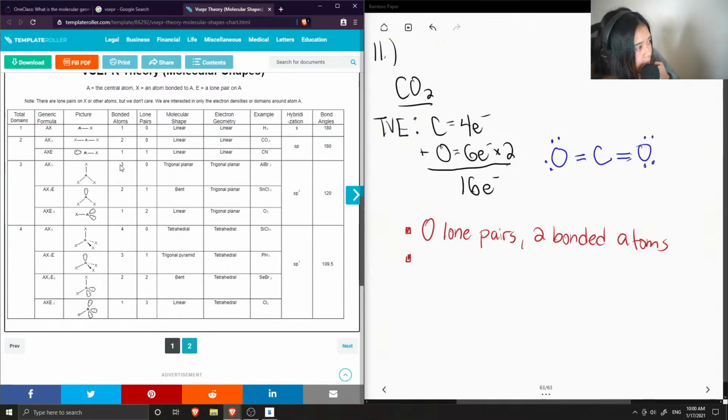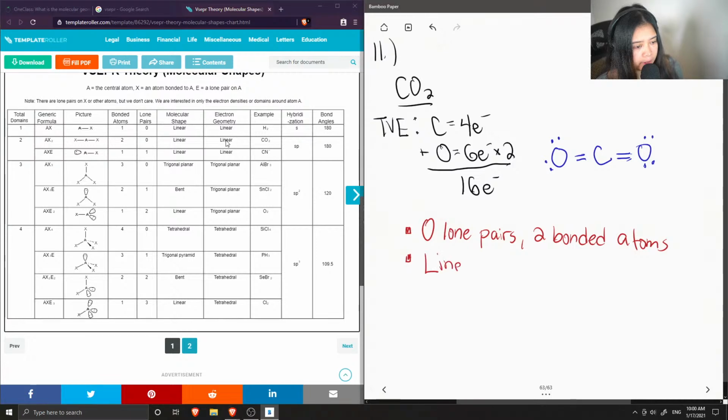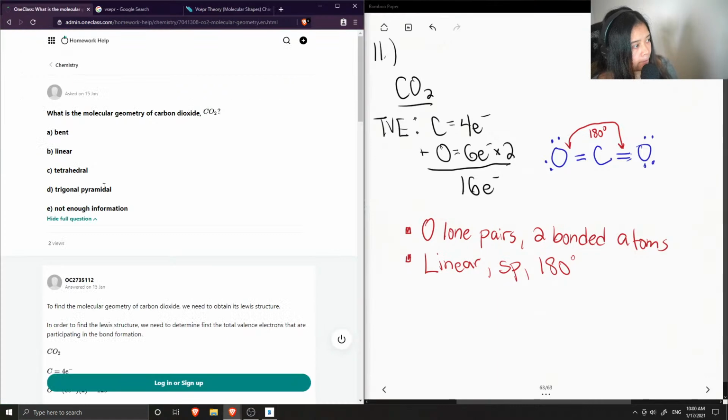When we have 2 bonded atoms and 0 lone pairs, we have a linear molecular shape and also a linear electron geometry. The carbon is sp hybridized, and the bond angle will be 180 degrees. So our answer is B.